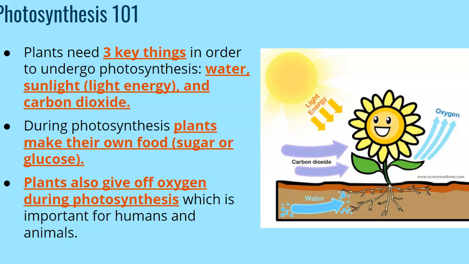Plants need three key things in order to undergo photosynthesis. They need water, sunlight, which is our light energy, and carbon dioxide. During photosynthesis, plants make their own food, sugar or glucose. Plants also give off oxygen during photosynthesis, which is important for humans and animals.